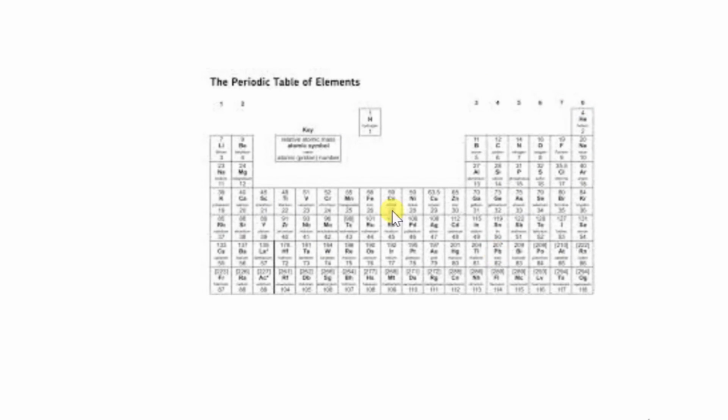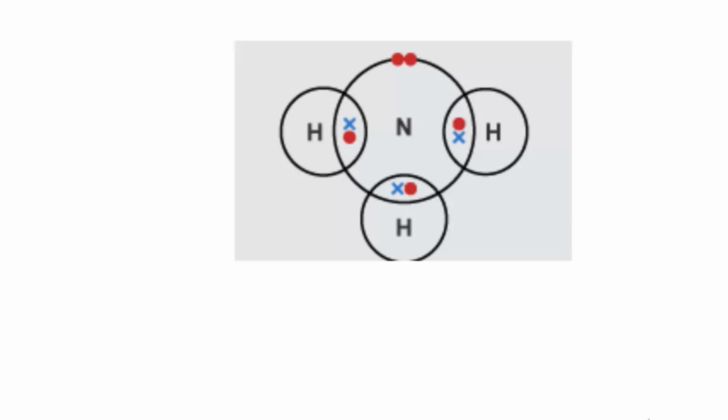So let's look at ammonia, NH3. Nitrogen is in group 5, so it can form 3 covalent bonds, and each hydrogen atom, as mentioned earlier, can form 1 covalent bond each. So here is a dot and cross diagram.